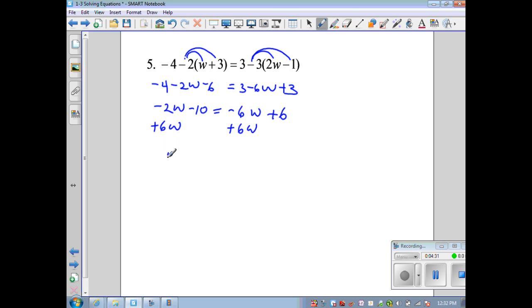That gives me a 4w on the left minus 10 equals 6. Eliminating the constant on the left by inverse operation, adding 10 on both sides, gives me 4w equals 16. Divide by 4 on both sides, inverse operation of division, gives me w equal to 4.